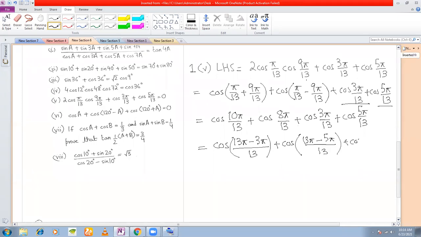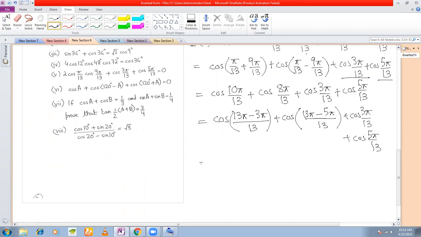And these two you write as it is, cos 3 pi by 13 plus cos 5 pi by 13. So this is cos, and you separate, you'll get pi minus 3 pi by 13 plus cos pi minus 5 pi by 13 plus cos 3 pi by 13 plus cos 5 pi by 13.